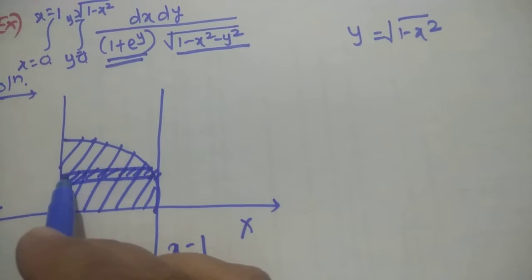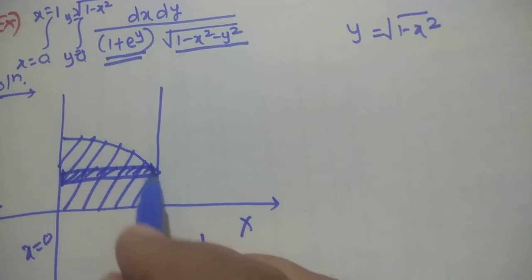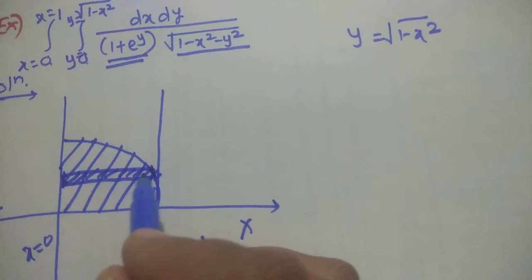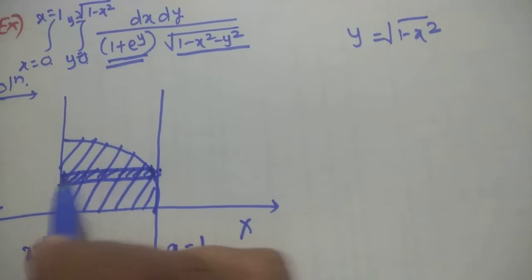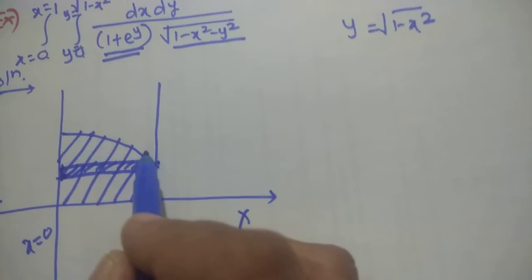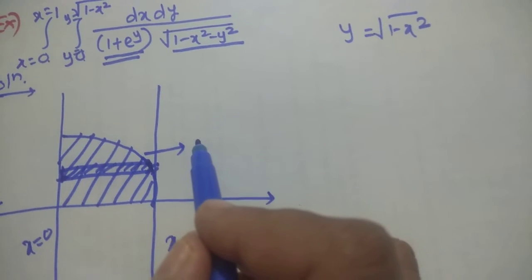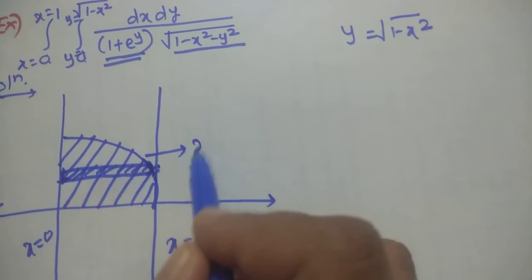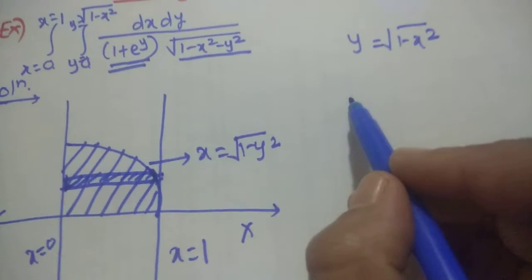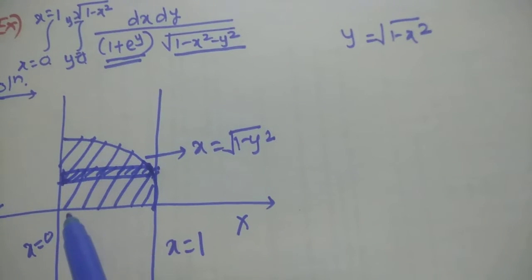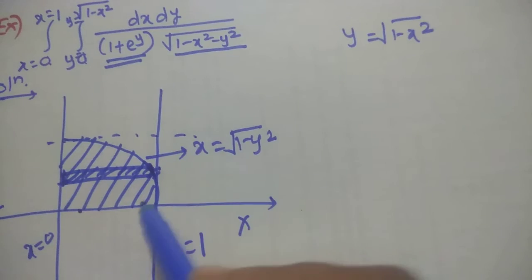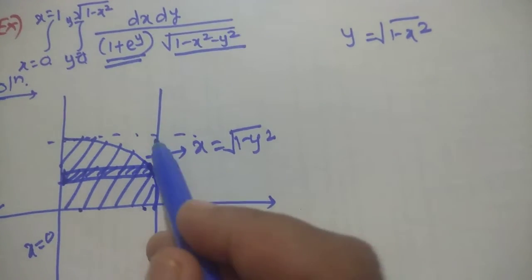Now if you are taking the strip parallel to x-axis, in order to change the order of integration, the end point of this strip gives the limits of x. So x varies from x equal to 0 to this circle. The equation of circle is x square plus y square equal to 1. So we have x equal to under root 1 minus y square. Now y varies from this line to this line, that is y equal to 0 to y equal to 1.